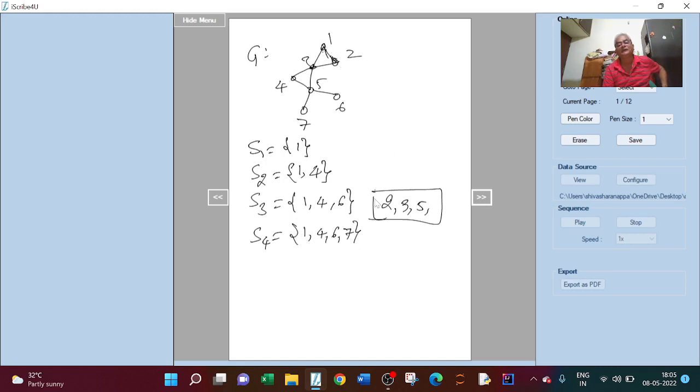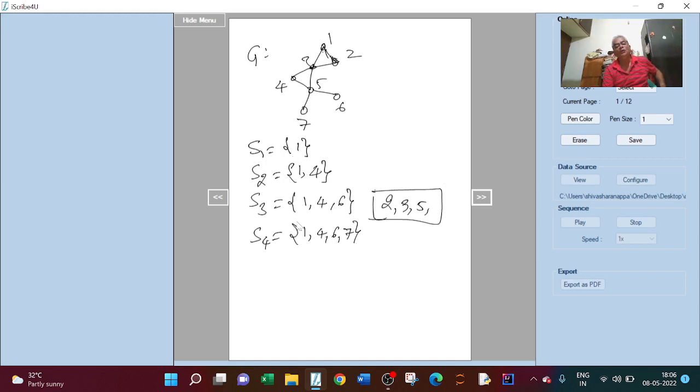So I can't add 2 here. Similarly 3. Can we add 3? No. If I add 3 here, 3 is adjacent with 1. So I can't add 3. Can we add 5 here? If I add 5, then 5 is adjacent with 4, 6, 7. So it is not possible to add some more vertices to this set.